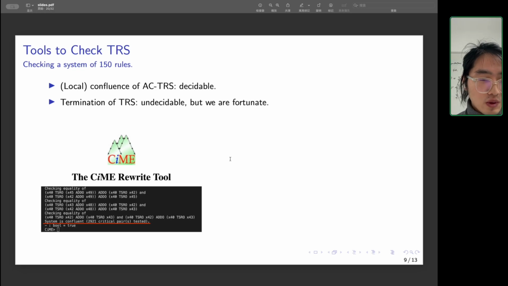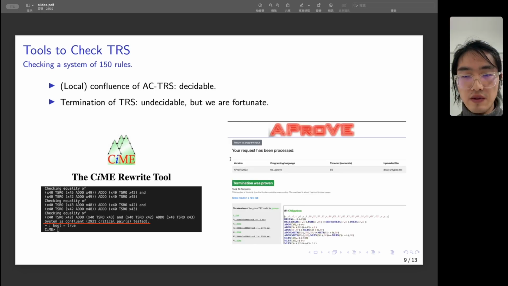And it checked that all the critical pairs, meaning all the pairs of rewritings that will diverge, will finally converge. So our system is confluent. And for termination, we use another famous tool called AProVE. Termination is confirmed by encoding our term rewriting system into it.